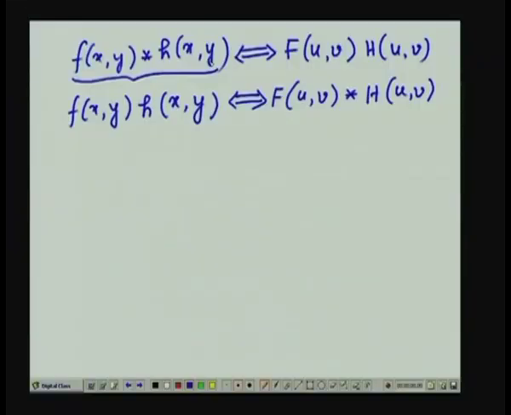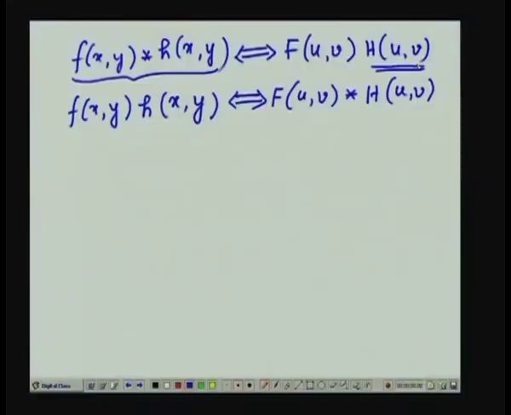The Fourier transform of the spatial mask h(x,y) is nothing but H(u,v) in this particular case. So, the equivalent filtering operations we can do in the frequency domain by choosing the proper filter H(u,v), then after taking the product of F(u,v) and H(u,v), if I take the inverse Fourier transform, then I will get the processed image in the spatial domain.